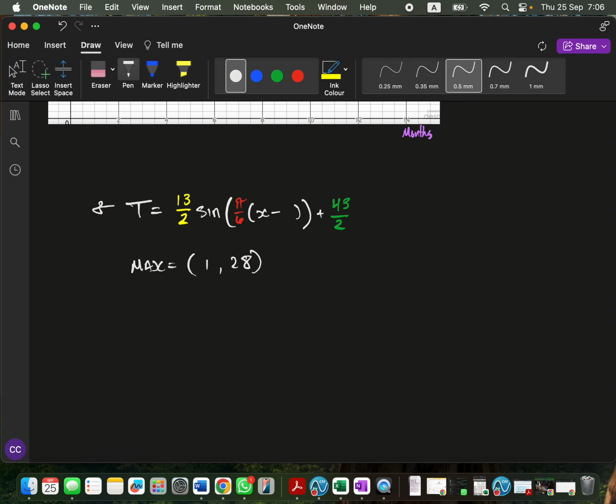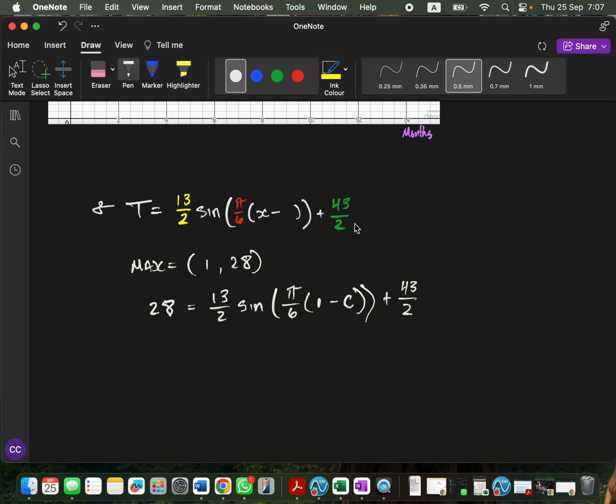So I'm going to use this equation, and I'm going to say that it was 28 degrees when this function, 13 halves of the sine of pi over 6 x, sorry, I can put that 1 in there, because that's my x value, minus whatever my c value is, plus 43 halves. Okay.